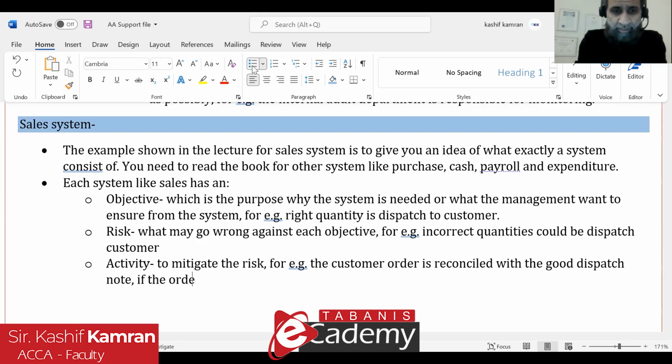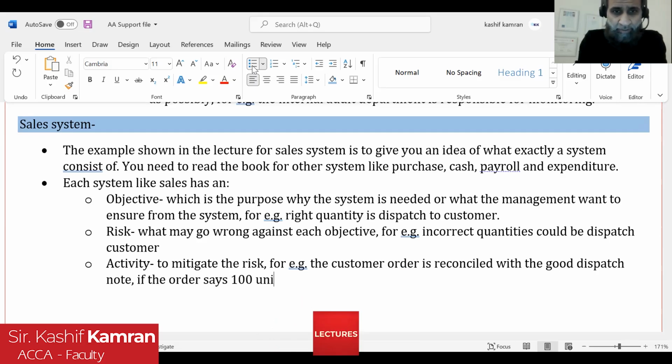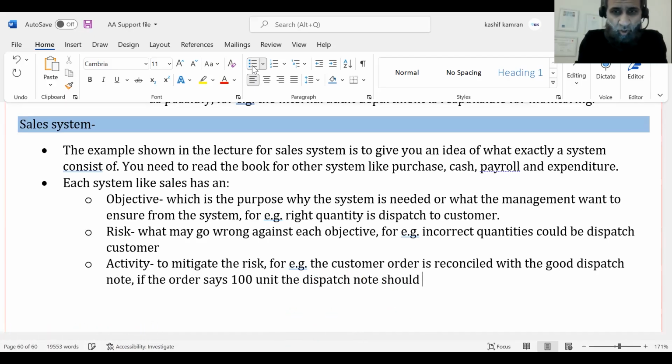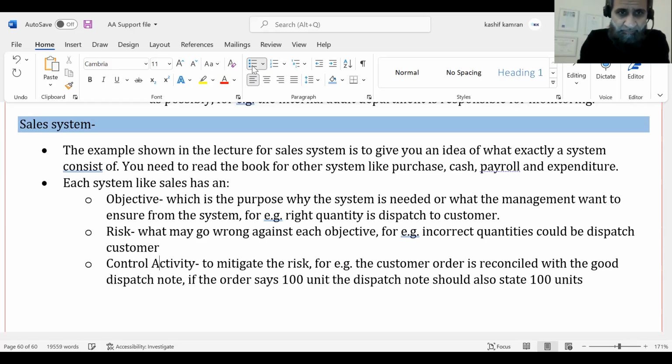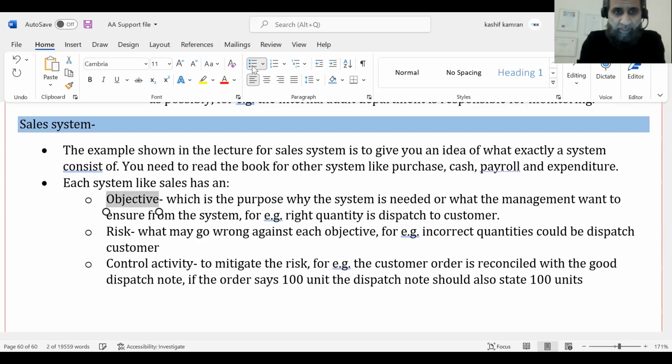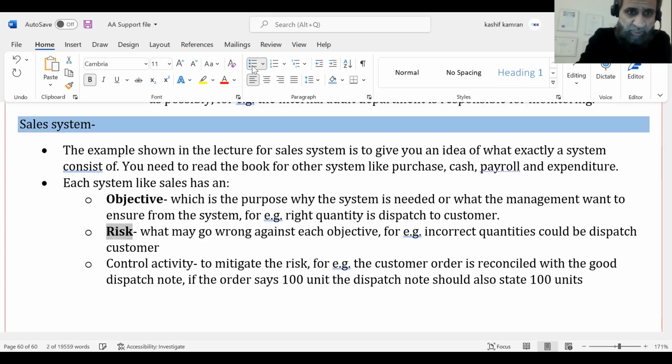If the order says 100 units, the dispatch note should also state 100 units. So you have a control activity in a system, every system. You have a risk, you have an objective. So each system has an objective, each system has a risk, each system has a control activity.